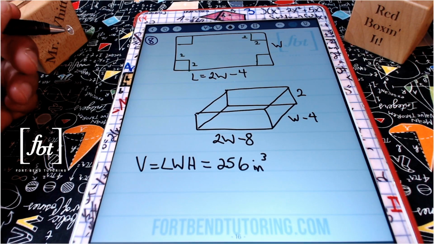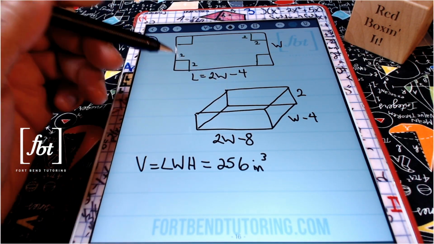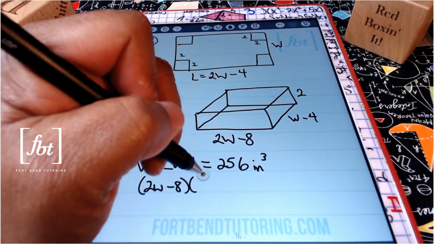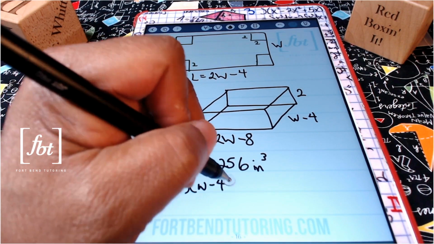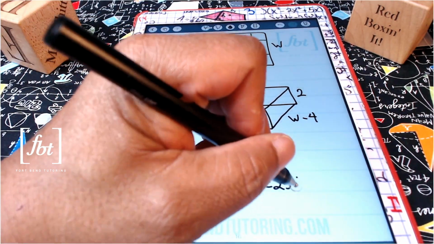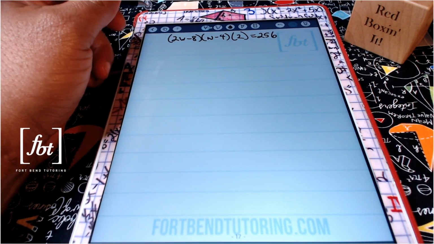All right, well, keeping this in mind, we're going to use substitution on our rectangular box here. We'll have a length that is 2w minus 8 times a width of w minus 4 times a height of 2, which equals 256. From here, I want to get a little crafty and factor out a 2 out of that first factor.